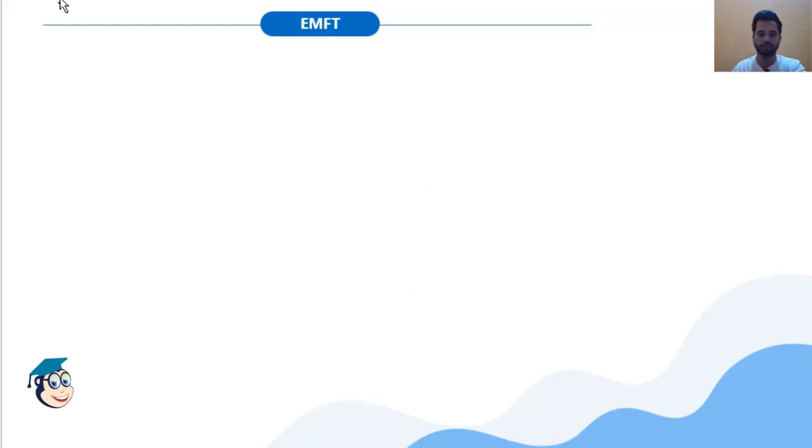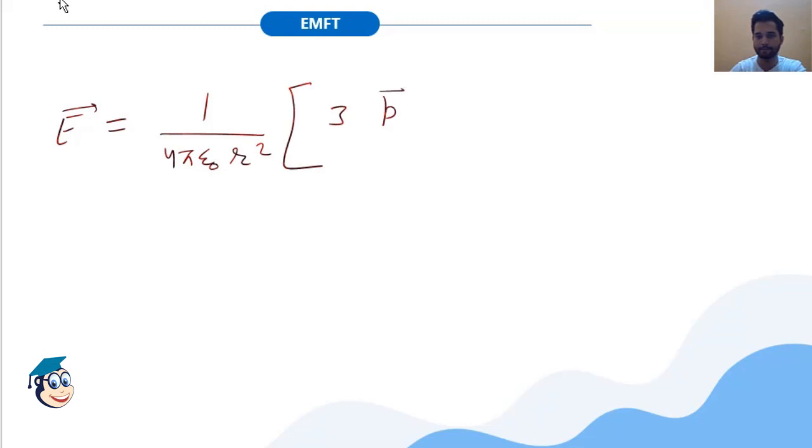Now in the third slide I am going to write the electric field in coordinate free notation. In coordinate free notation you can write the electric field as 1 over 4 pi epsilon naught r cubed, and in brackets 3 times p dot r cap, the component of p along r cap, times r cap, minus again the p vector itself.